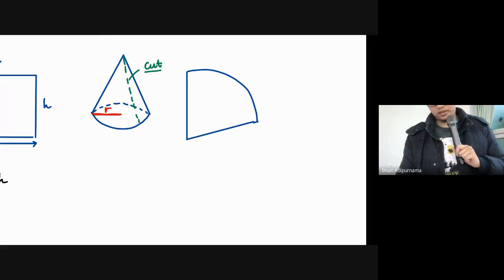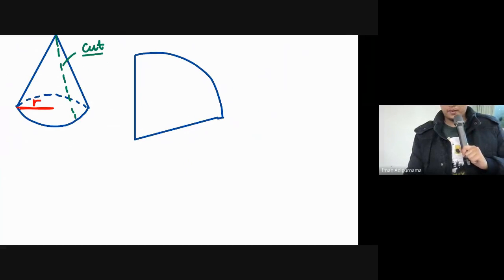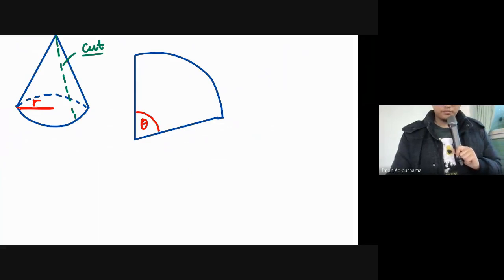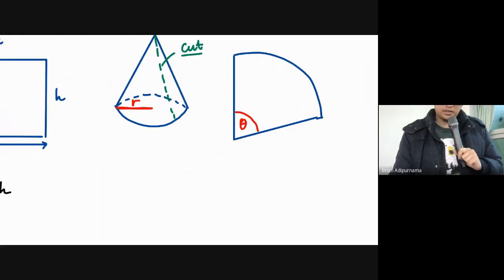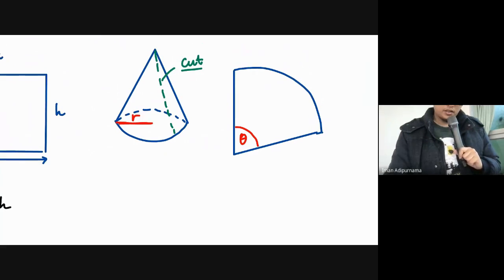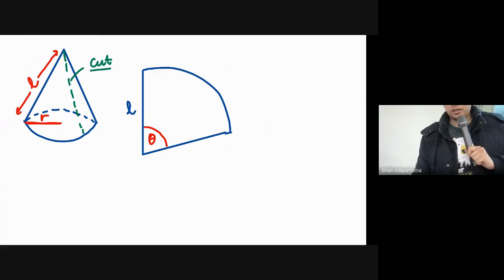It's not to scale, but almost like this. Let's say we have theta here, and the length here is L, so I can write down L here, and this one will be 2 pi r.